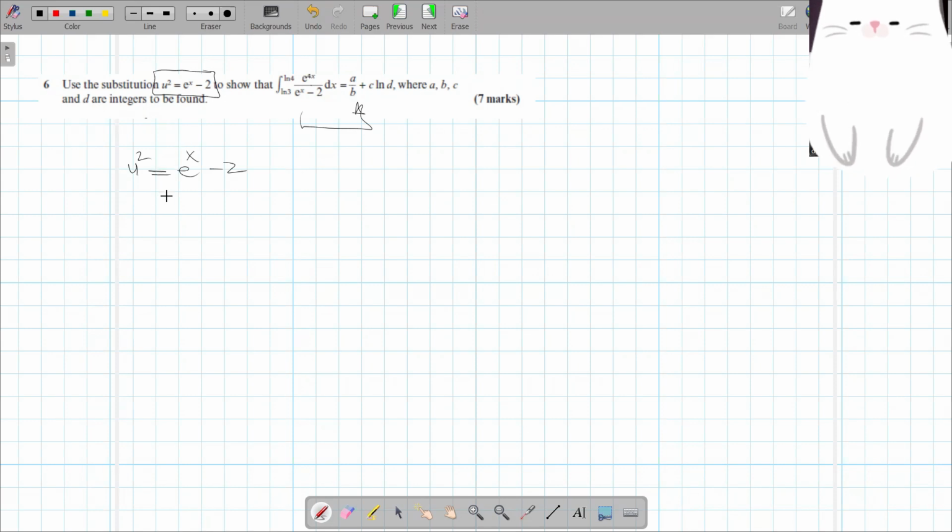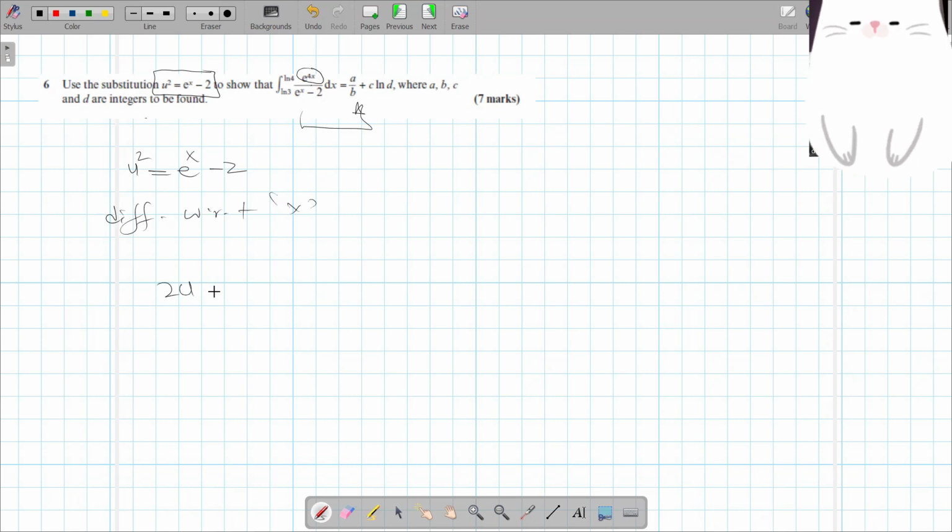Make this substitution: u squared equal to e to the power x minus 2. And what about e to the power 4x then? Let's do it. Differentiate with respect to x.